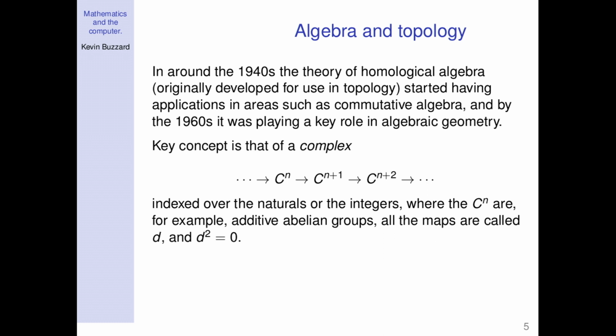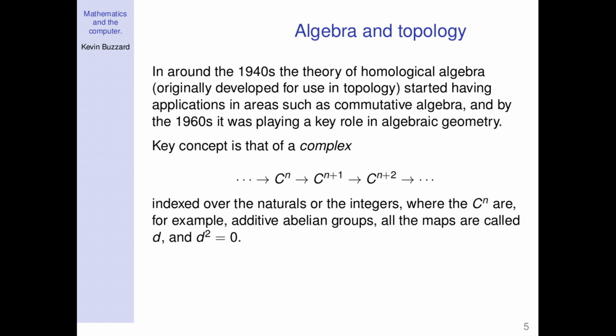And what is homological algebra? We could summarize it by saying the key idea is this idea of a complex of objects. So what's going on here? All these C_n and C_{n+1} are, say, abelian groups, or real vector spaces or something. And there are maps, where n is running over the naturals or the integers.